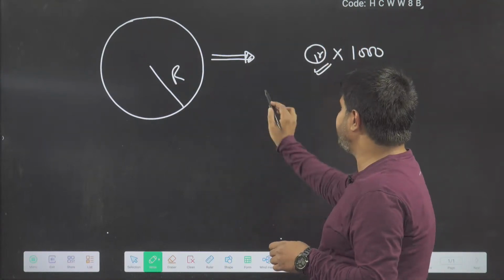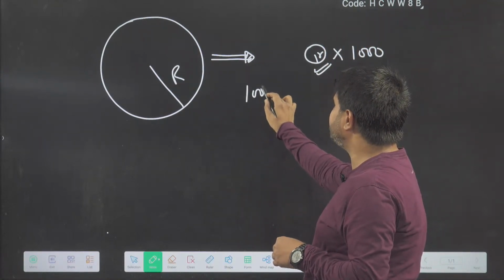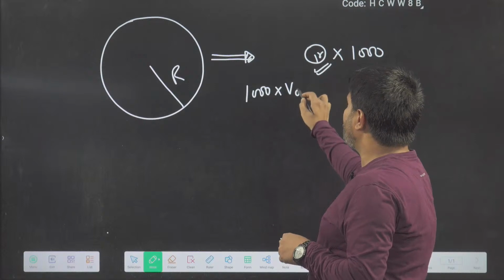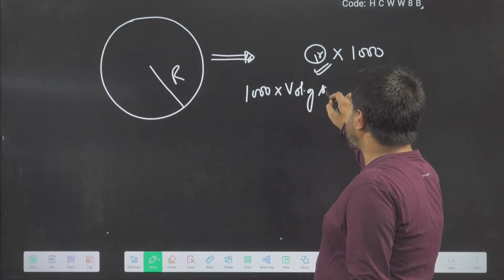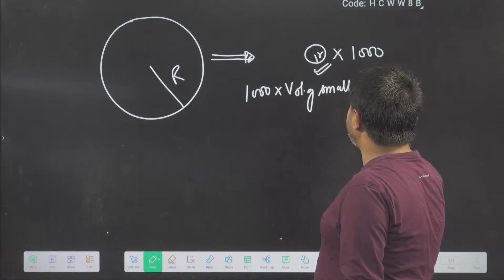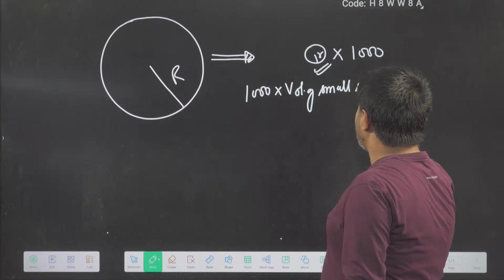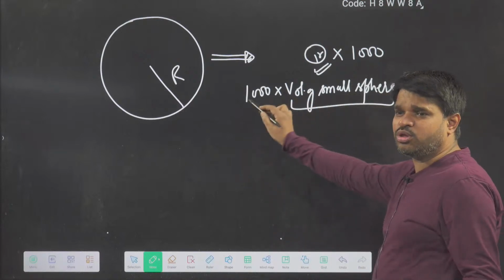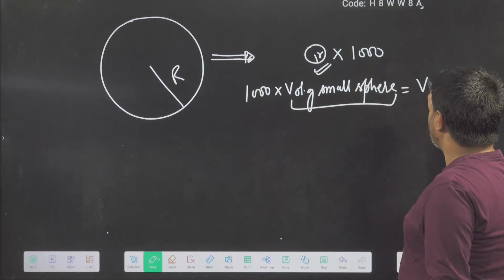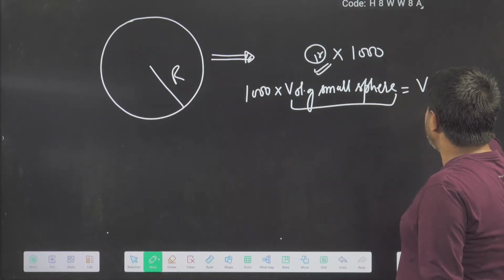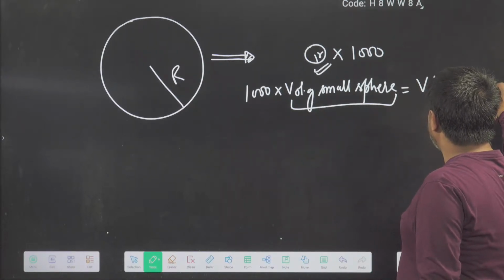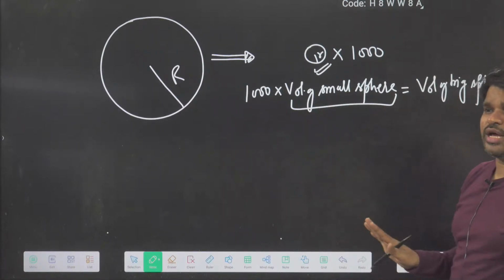So I will simply write 1,000 into the volume of one small sphere becomes what? The volume of the big sphere.